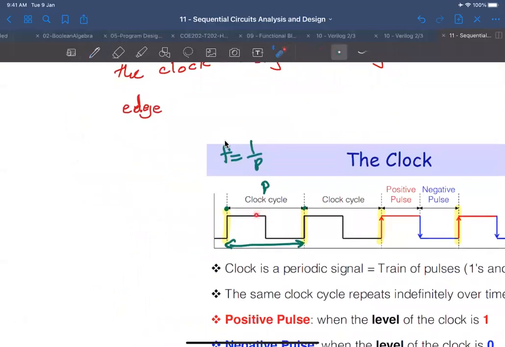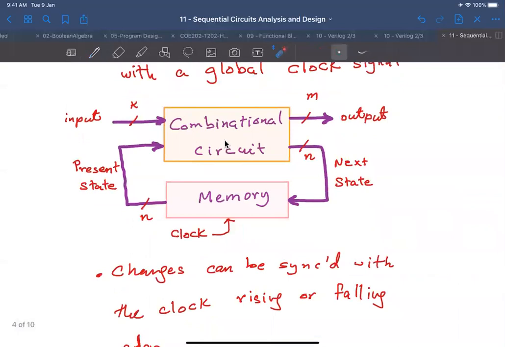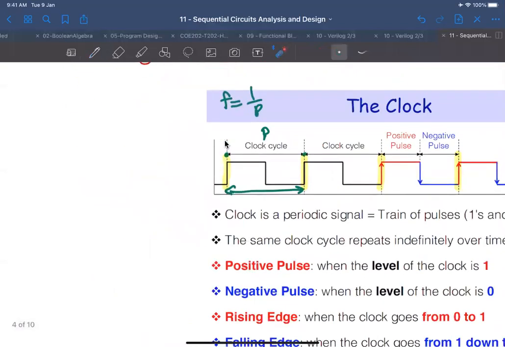This change will have no effect whatsoever on the memory elements if they are synchronized with the positive edge. It will only have an effect when the change lasts until the next positive edge. Then it will have an impact.